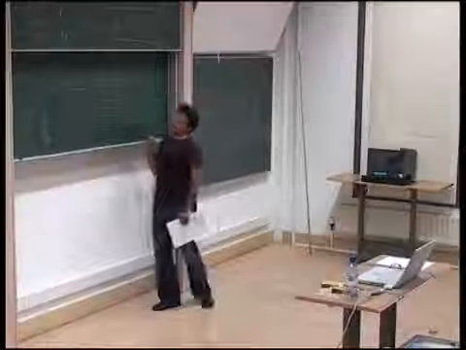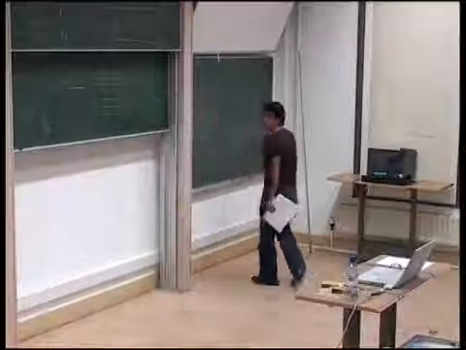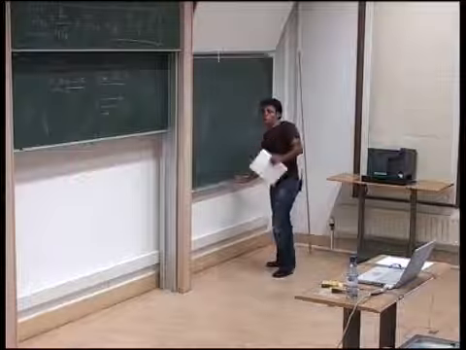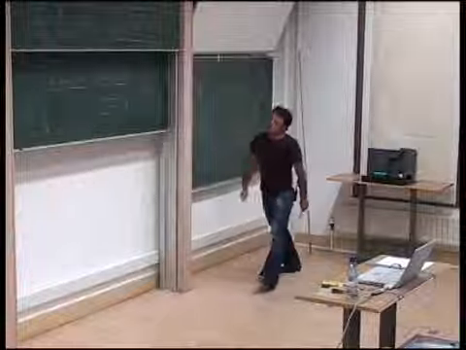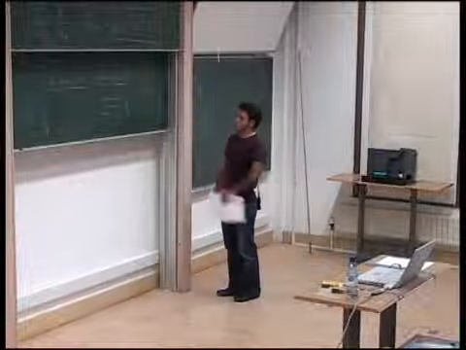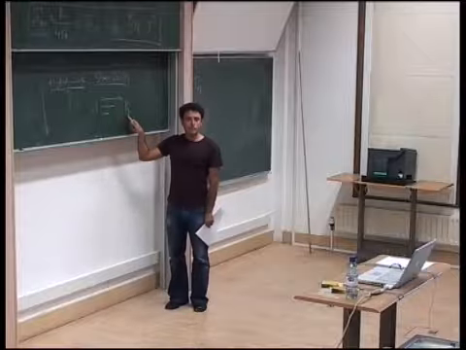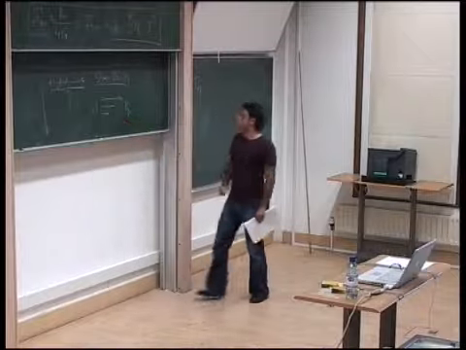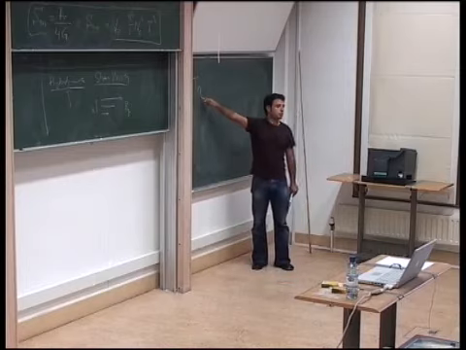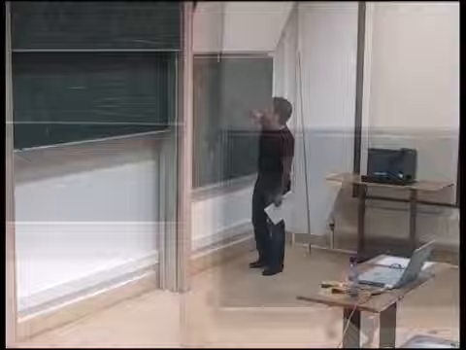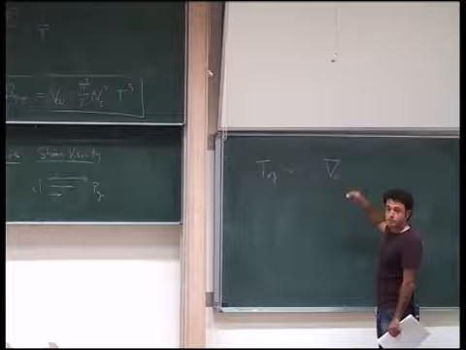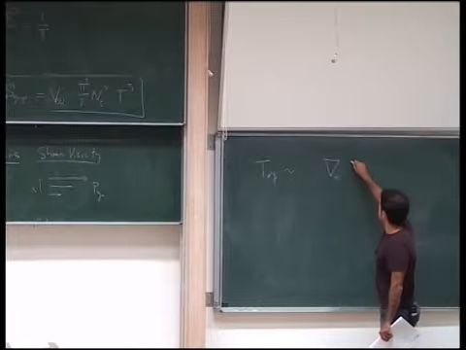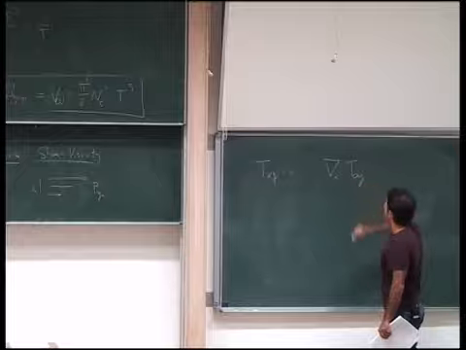Now, in the linear response approximation, you know that the flow of y momentum in the x direction, which is measured by the xy component of the energy momentum tensor, is going to be proportional to the gradient in that direction of the momentum density in the y direction, which is T^{0y}.